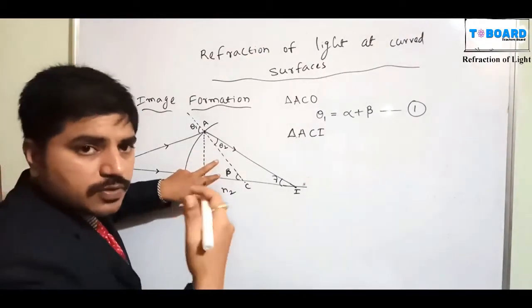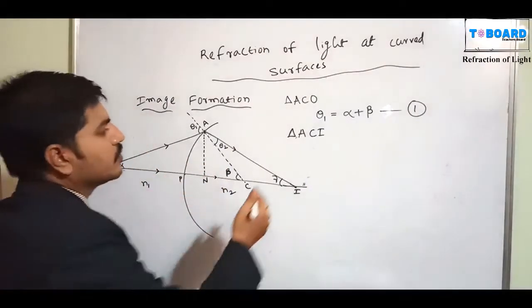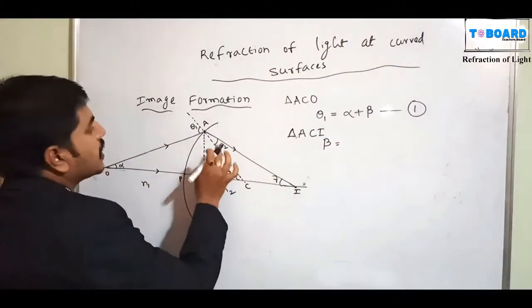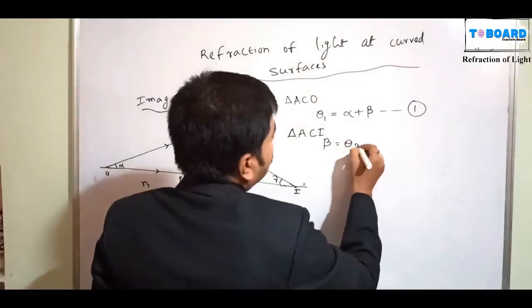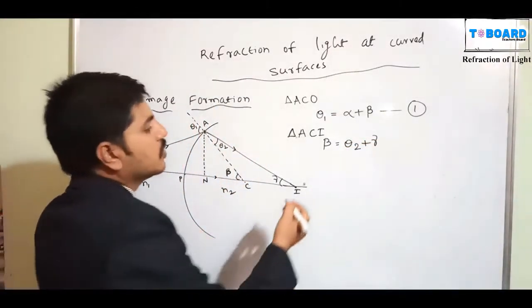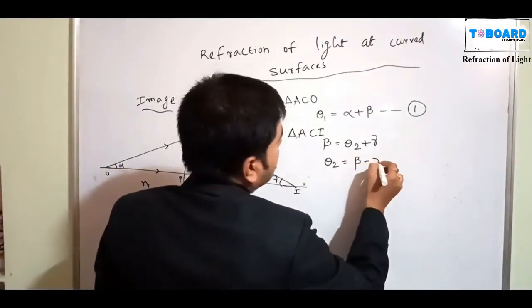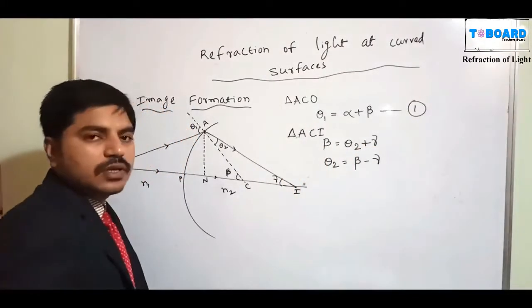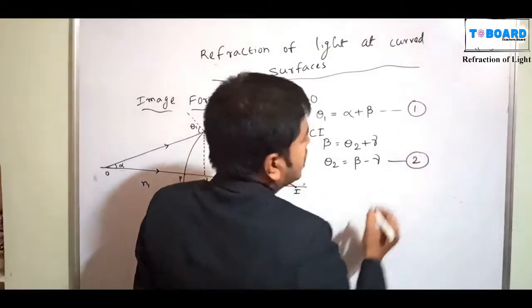Here beta is the exterior angle, and the interior angles are theta 2 plus gamma. I want the theta 2 value. So theta 2 is equal to beta minus gamma, because gamma has to go to the other side, so it becomes minus. This is the second equation.